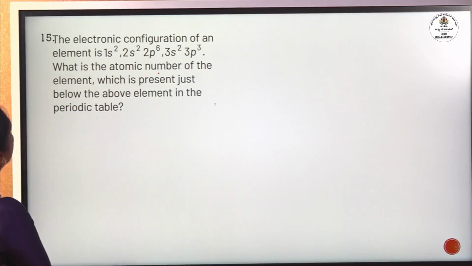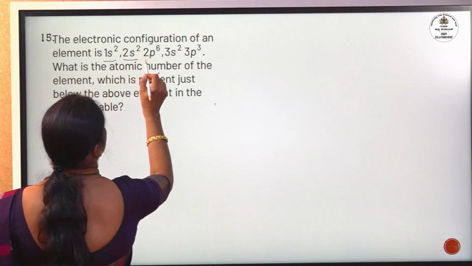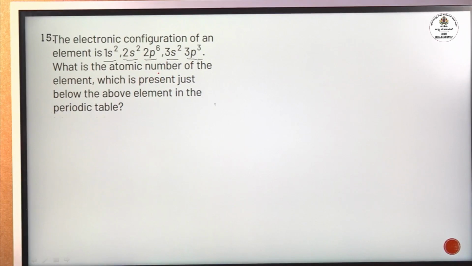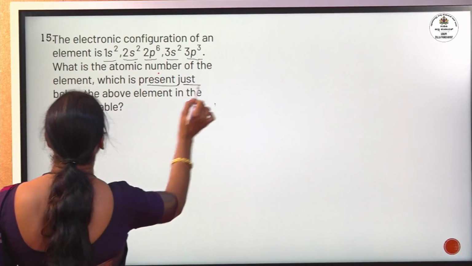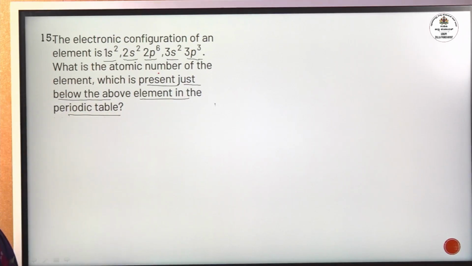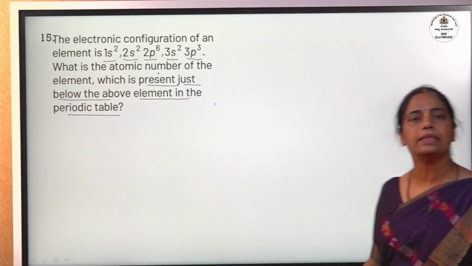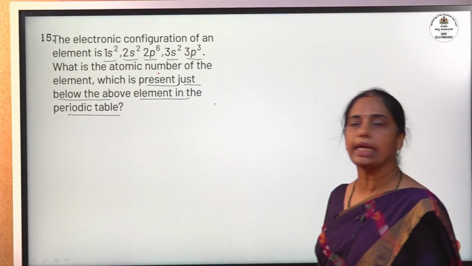The electronic configuration of an element is given: 1s2, 2s2, 2p6, 3s2, 3p3. What is the atomic number of the element which is present just below the above element in the periodic table? Now, in the periodic table, the elements present in a group have the same outer electronic configuration.